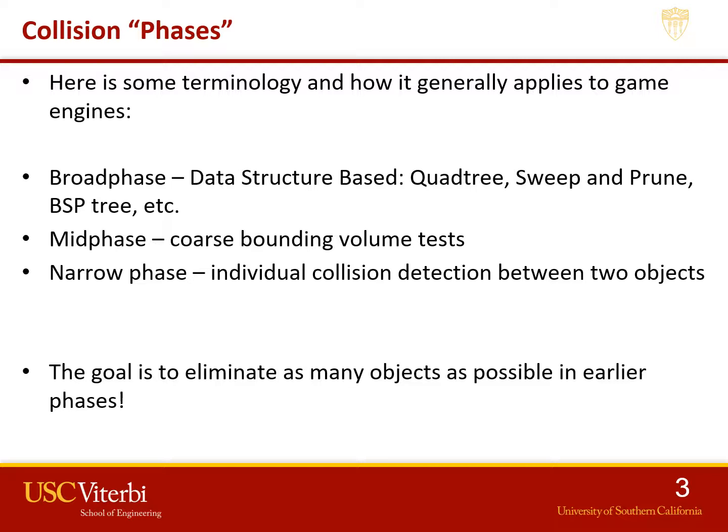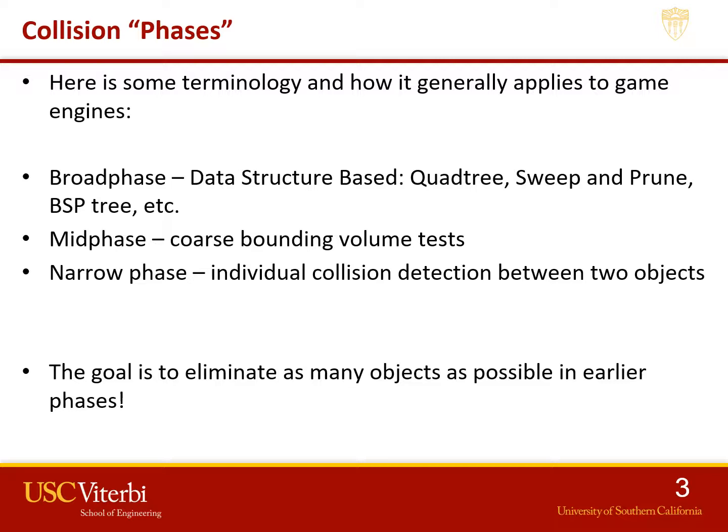The terminology we use for this is to refer to these different passes of the collision as phases. Specifically, you'll hear the phrase broad phase. A broad phase collision test very roughly tries to group the objects into things that we're certain do not overlap and separate them before we even begin this process.